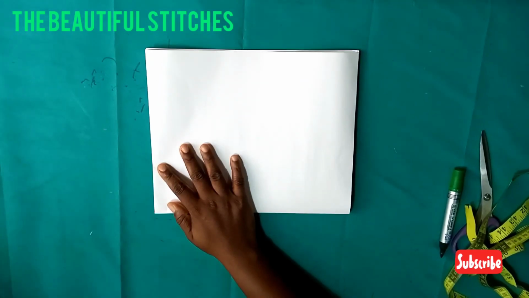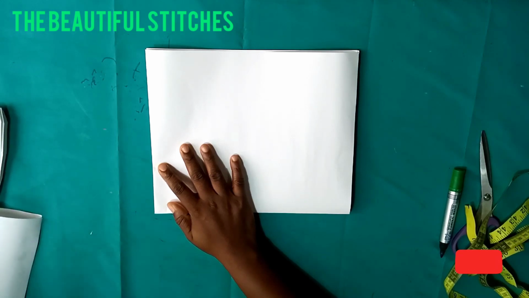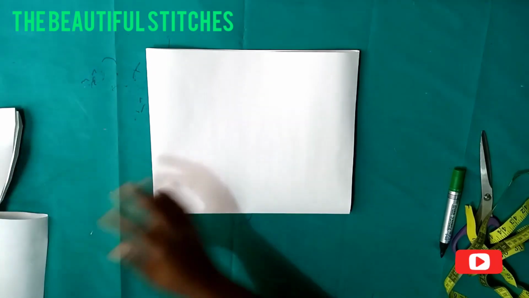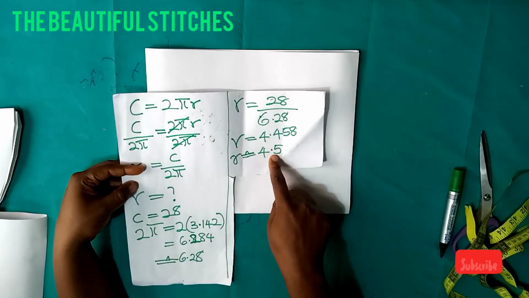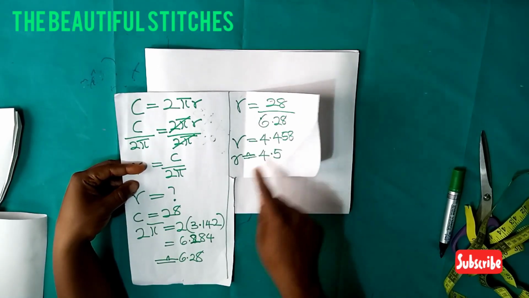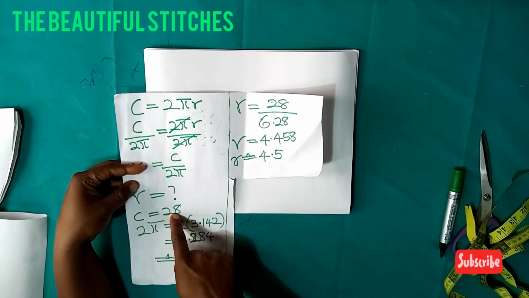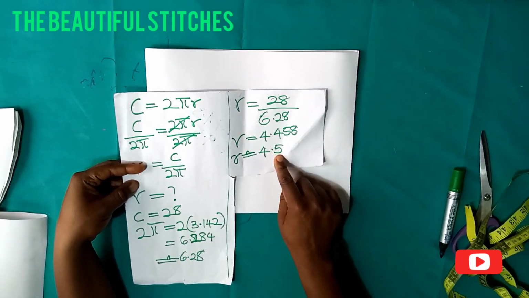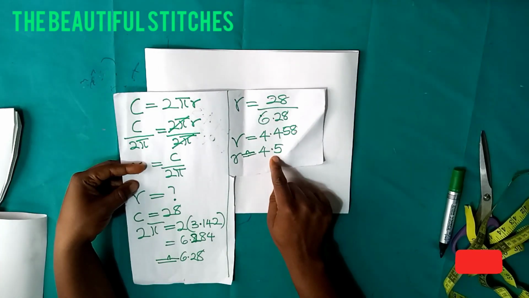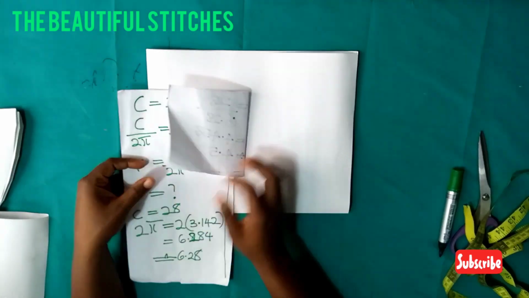From our previous calculation, we have 4.5 as our radius, and the circumference of our circle is 28. 28 divided by 6.28, we have 4.5 as our radius. So we'll be working with this 4.5.